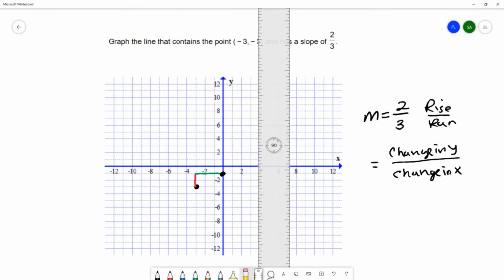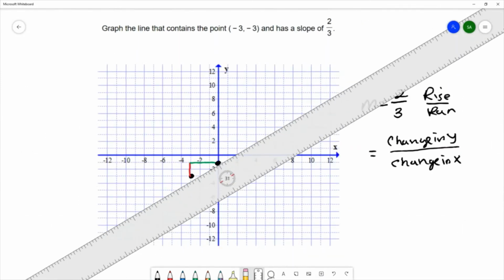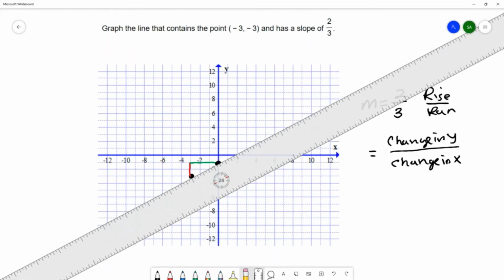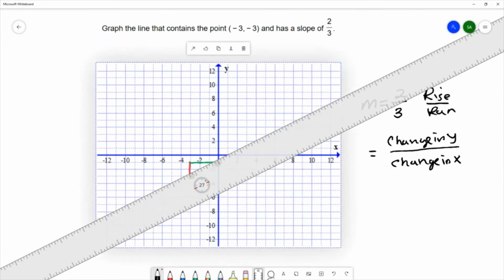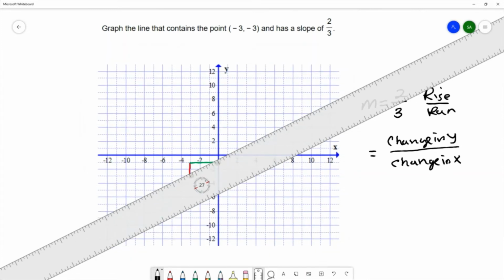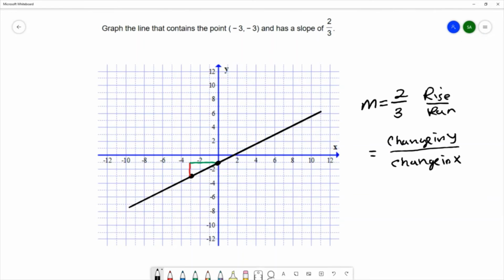I'll be able to draw that line that connects those 2 points. So there we've drawn the line that contains the point negative 3, 3 and has a slope of 2/3.